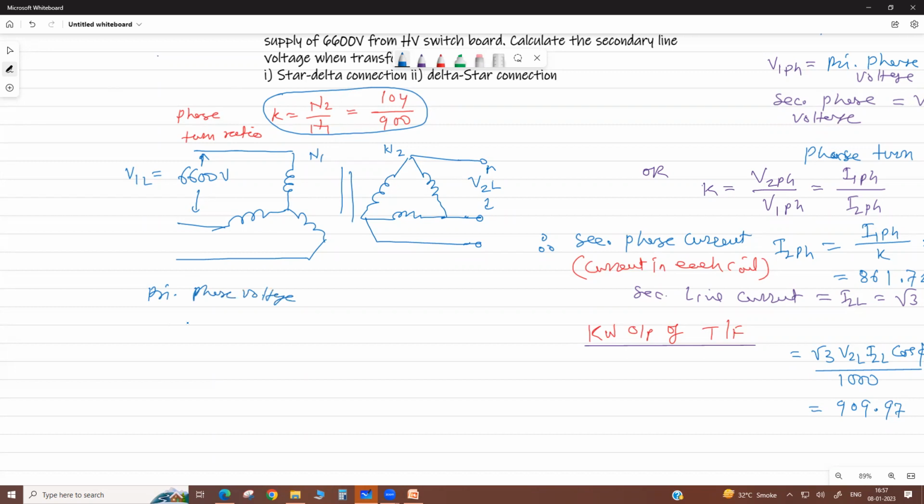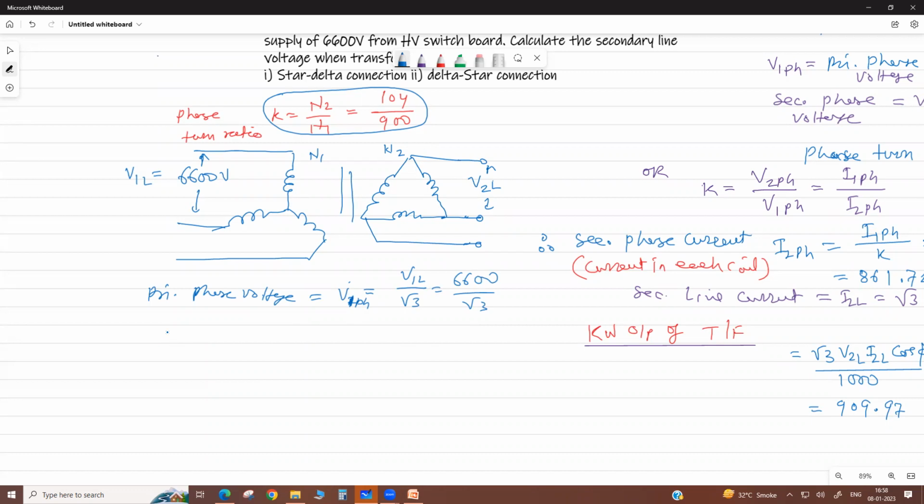Because in star, V1 phase is V1 line by root 3, means 6600 by root 3.